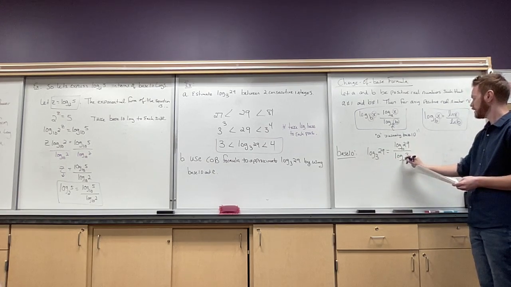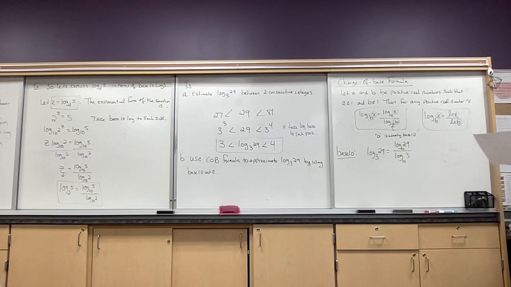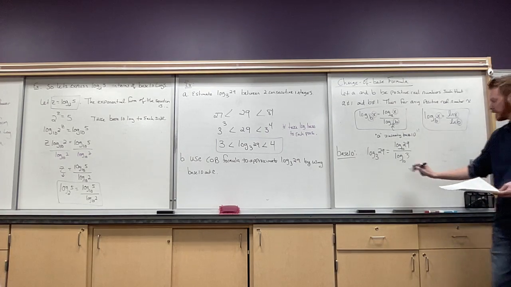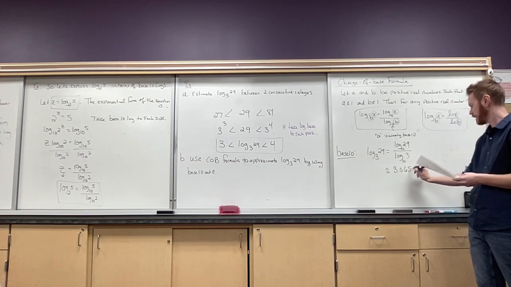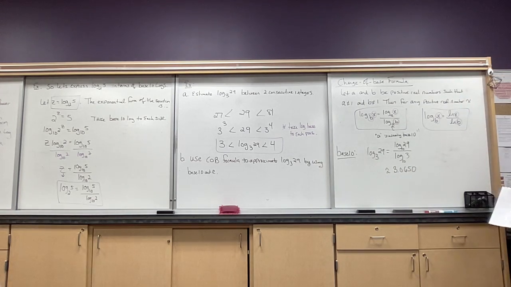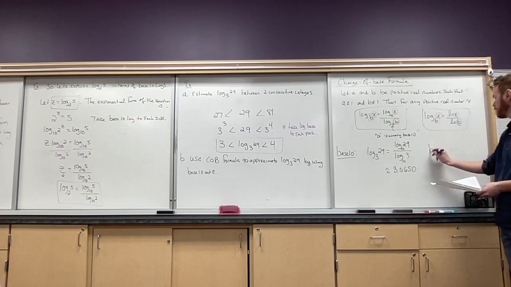If you want to write 10, you can, but remember, if we don't write 10, we already assume that it's going to be that. Plug that in your calculator, and we get 3.0650. Okay? Is that between 3 and 4? I think it is, huh? We did pretty good.